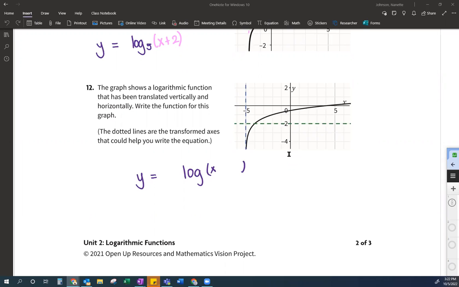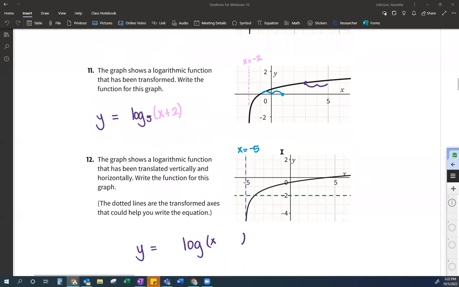Yeah, the first thing that jumps out to me too is this asymptote that is now at x equals -5. Before it was at 0, and then it moved left 5. So because it moved left 5, where does that live in my function?